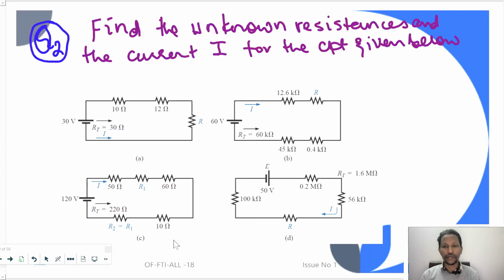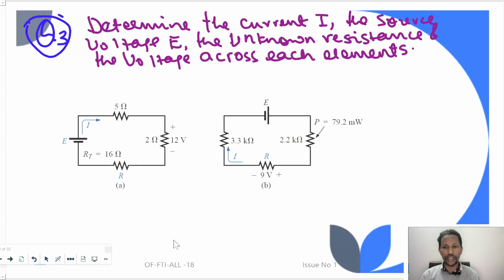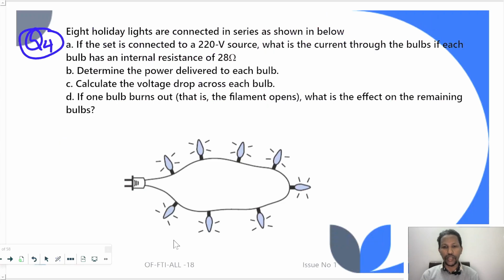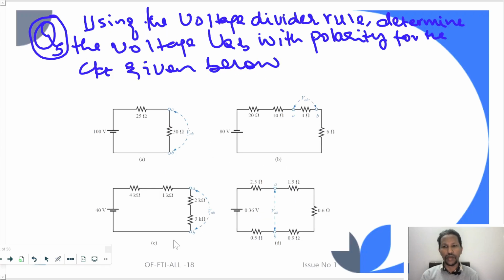This is the second question, this is the third question, this one is the fourth question, and we also have a fifth question. Basically, based on the principles of KVL, KCL, and Ohm's law, we can solve the above questions.